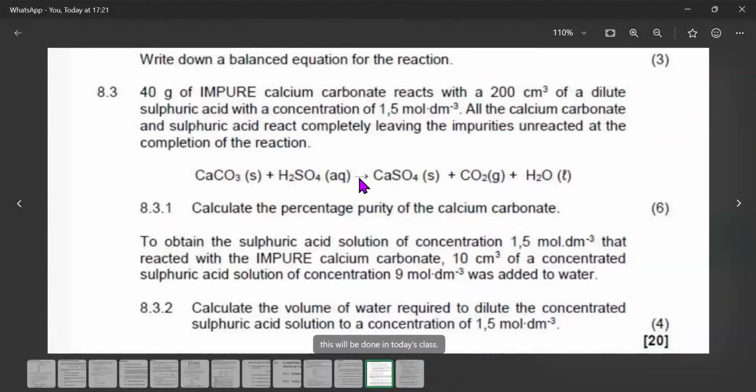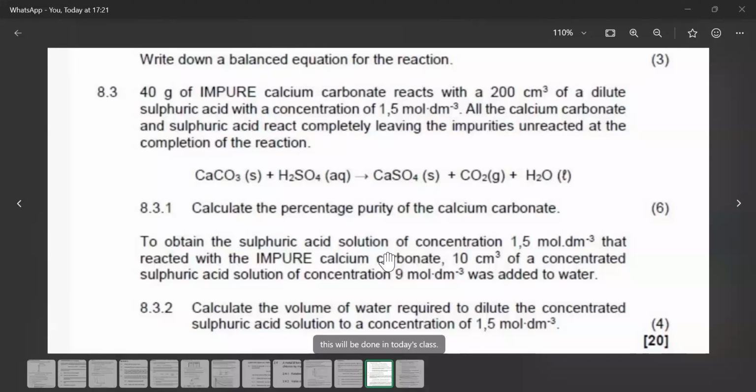All the calcium carbonate and sulfuric acid react completely, leaving the impurities unreacted at the completion of the reaction. And now they say calculate the percentage purity of calcium carbonate.